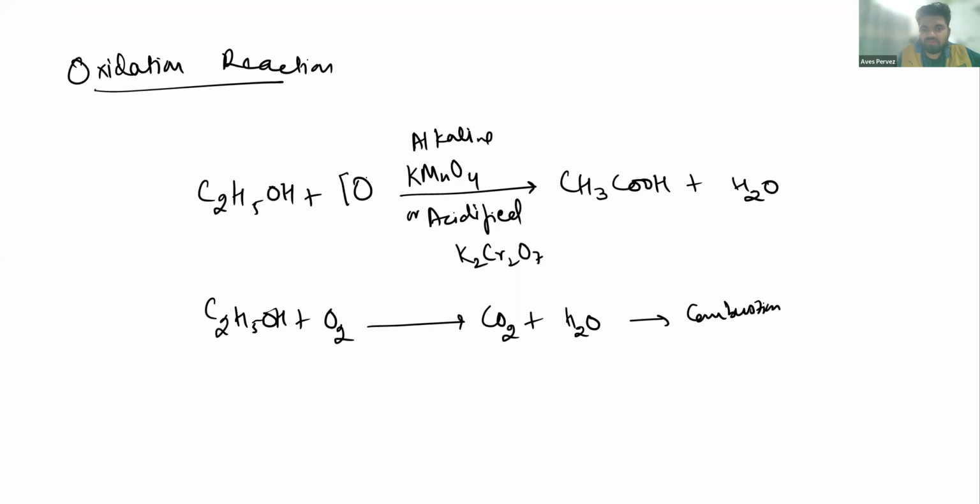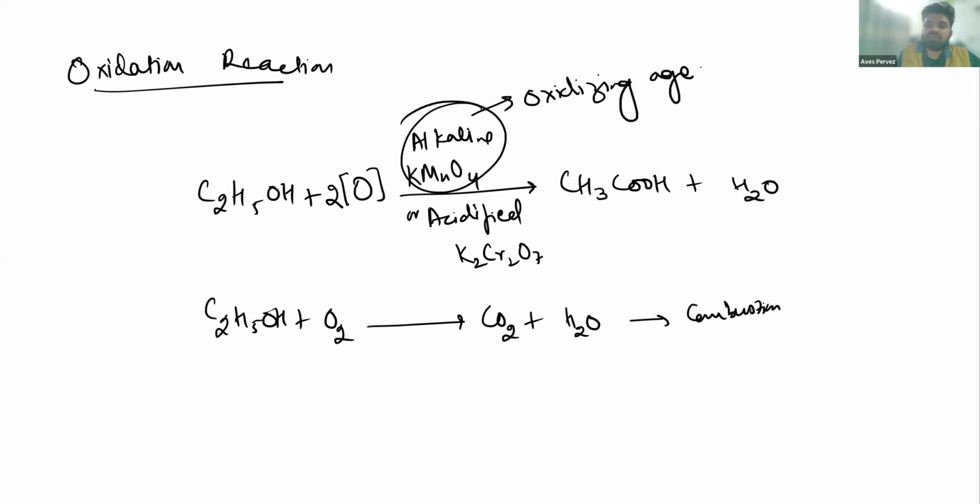Nascent oxygen means not in the molecular form. So this oxygen is being added by these, which are acting as oxidizing agents. Got it? So this is an oxidation reaction of alcohol.